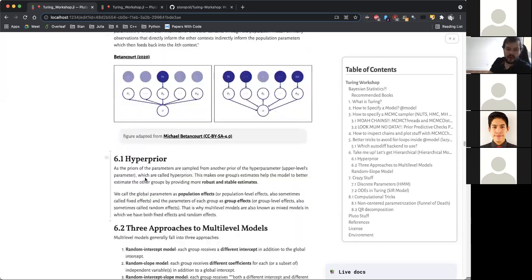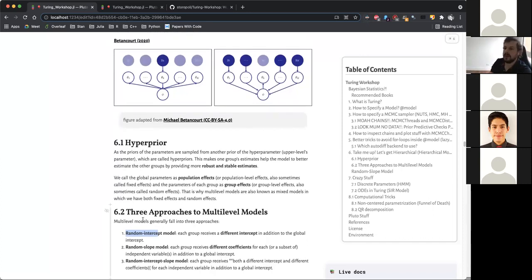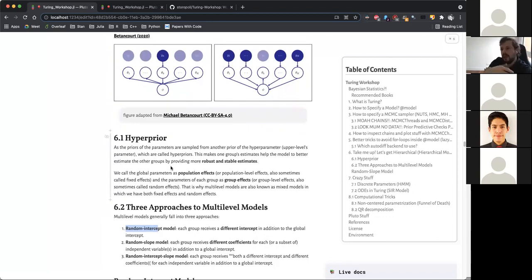And this is the figure of the hyperprior. And basically, we have three approaches to multi-level models. We have the random intercept model, where we give each group a random intercept, a random base rate, as you might say, in addition to the whole model having a global parameter, a global intercept.